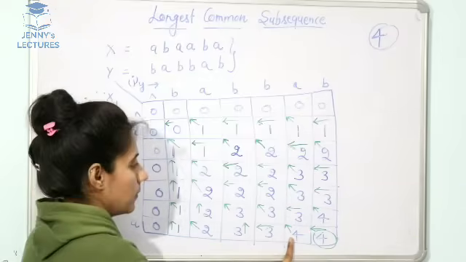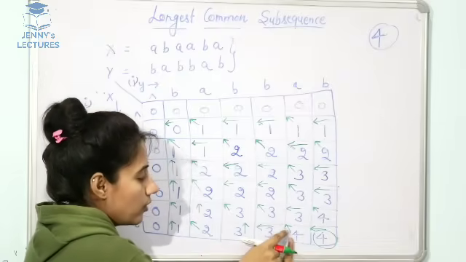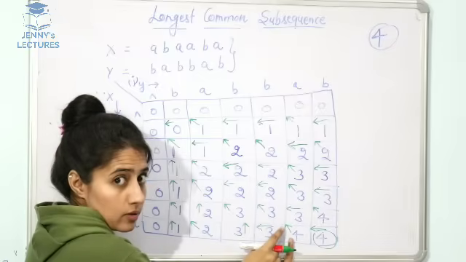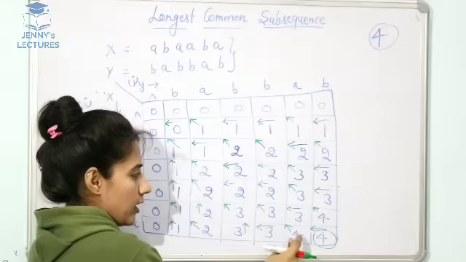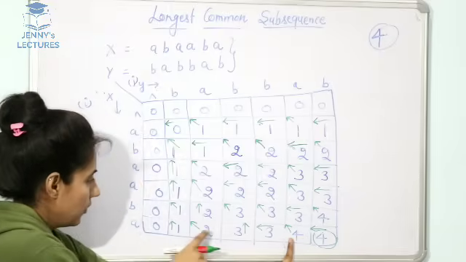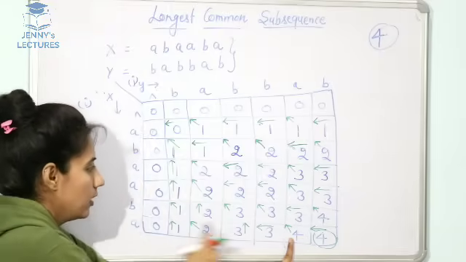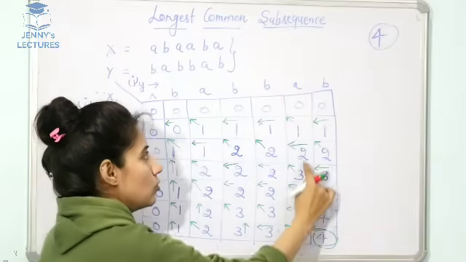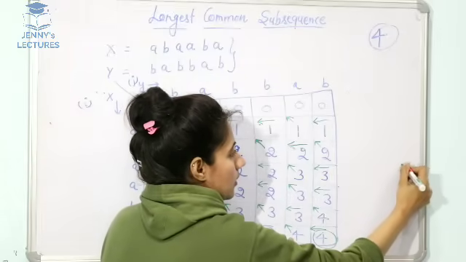Now check where the arrow goes diagonally to the upper side. In case the arrow goes diagonally upper side, then we will check the character corresponding to this row, A, and the character corresponding to this column, that is A. Then you will write A.